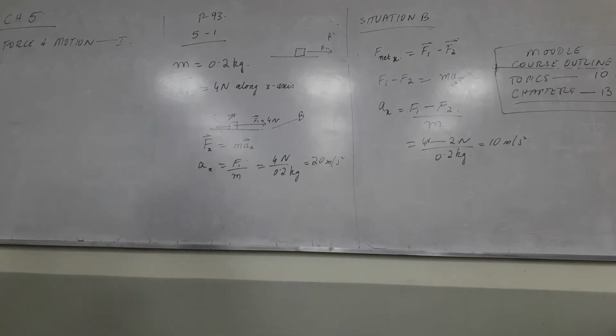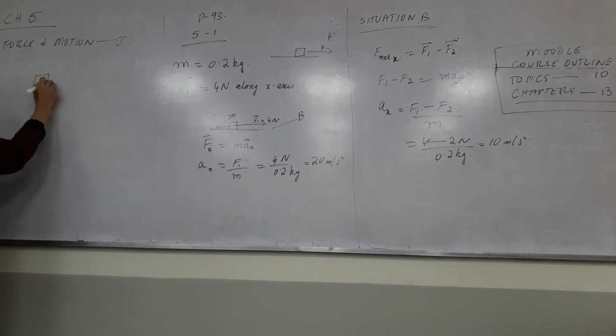you can see this is the body, okay, and here it is experiencing a force that is very small. So, therefore, the length is very small. This is F3 is equal to 1 Newton, and the angle that it is making with the horizontal surface is theta.